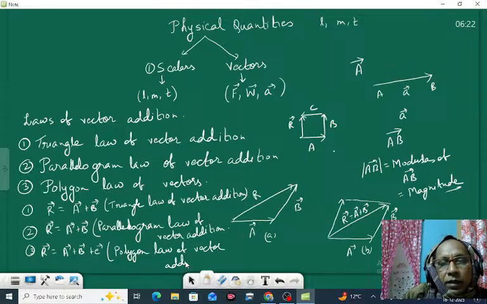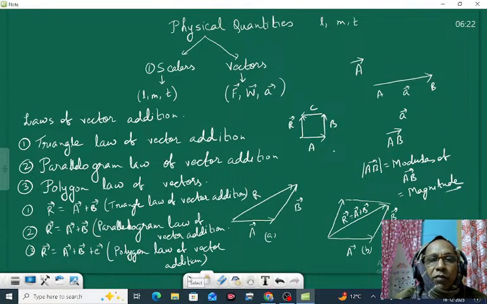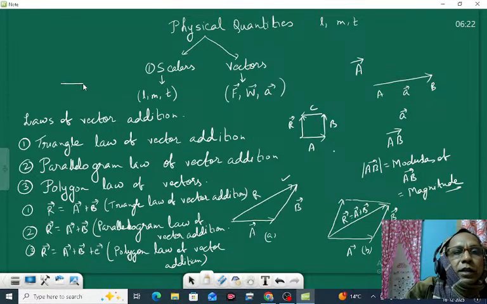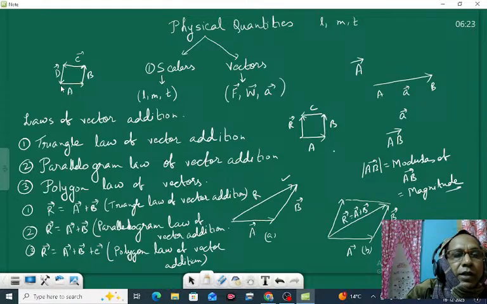So we learned that there are three types of vector addition. One is the triangle law of vector addition, the second one is the parallelogram law of vector addition, and the third one is the polygon law of vector addition. Suppose there is another vector. Suppose this is vector A, this is vector B, this is vector C, and this is vector D. Then the resultant vector is 0 according to the polygon law of vector addition, because we are starting from A and coming to the same point, therefore the resultant is 0.